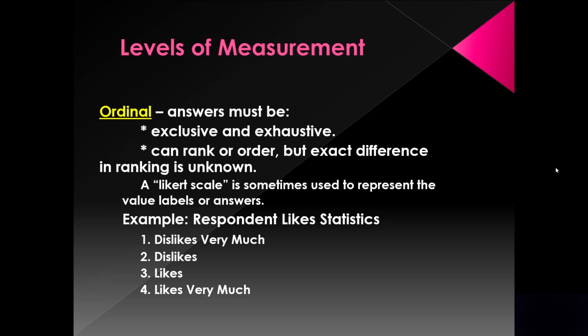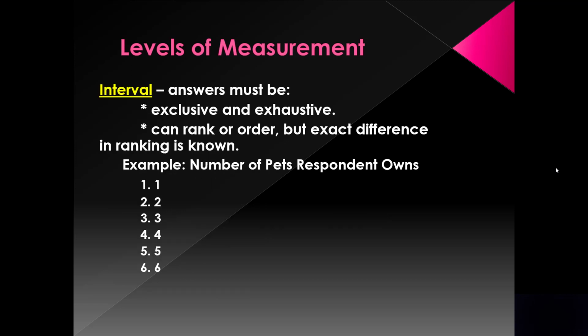You don't know that. Unlike interval level variables, which also have to be exclusive and exhaustive, and you can also rank or order these answer lists, but the exact difference between any two answers is absolutely known. And here's an example. A variable with the label the number of pets respondent owns, and here are some answers: 1, 2, 3, 4, 5, 6.